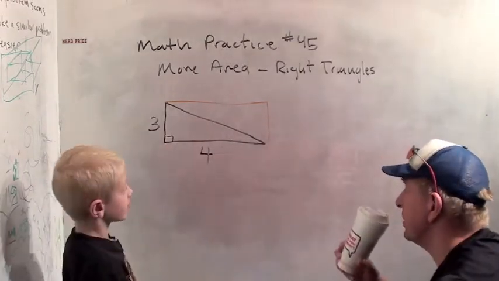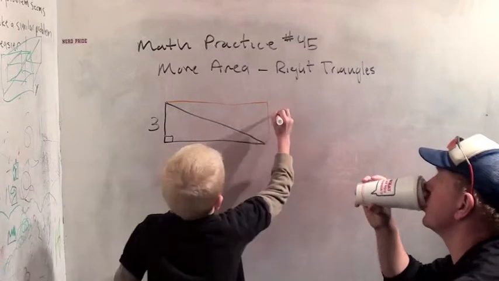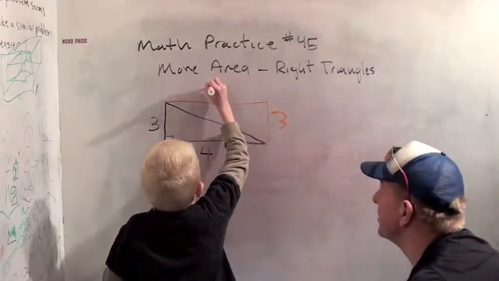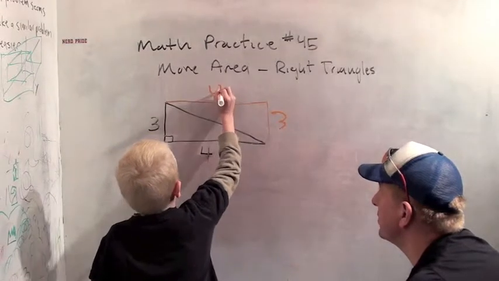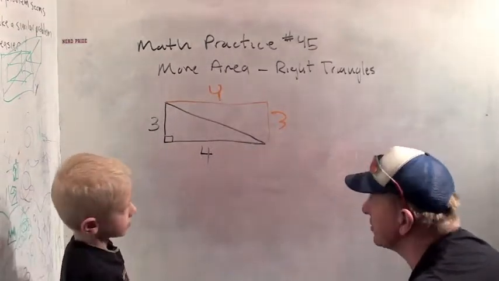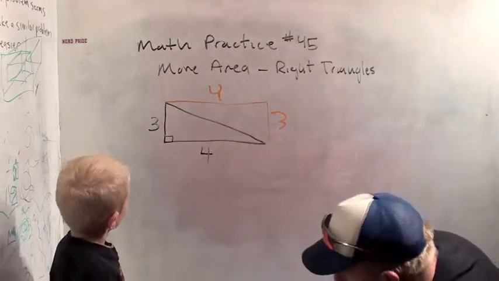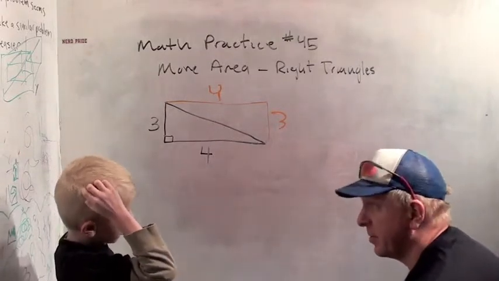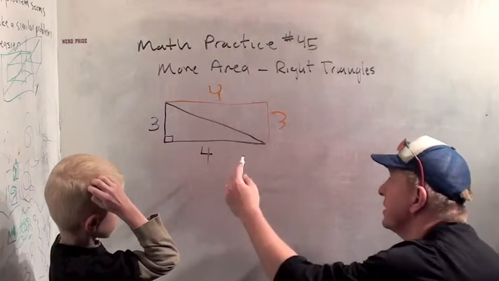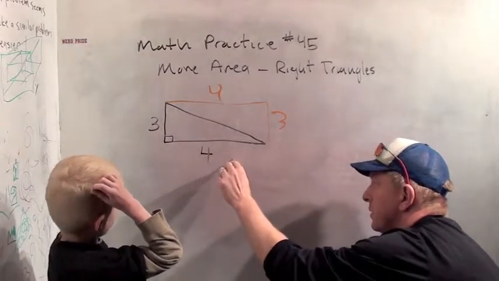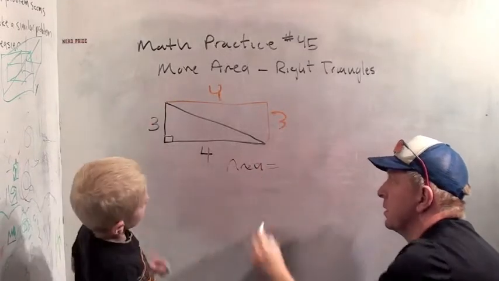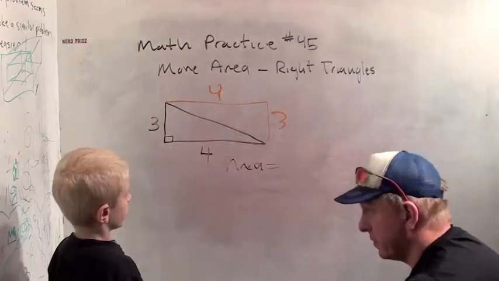3. Okay, why don't you write that? How long is that other side? 4. So how big is the rectangle? It's a 3 by 4 rectangle, so the area is? It's 4 rows of 3.